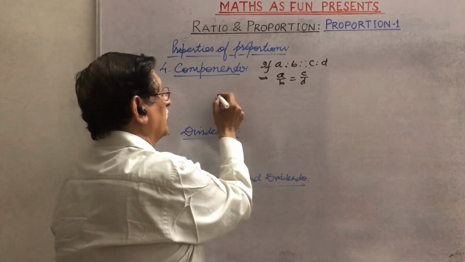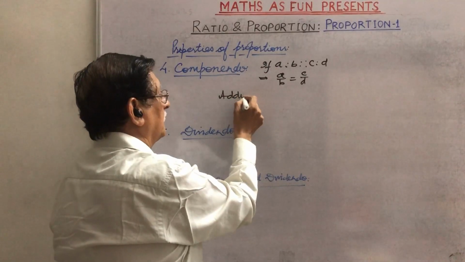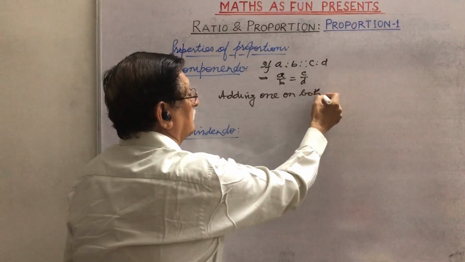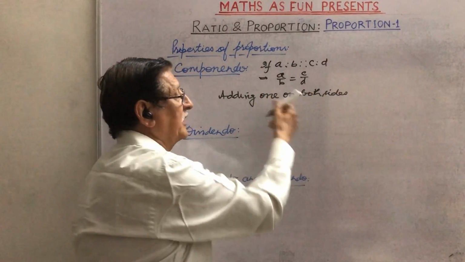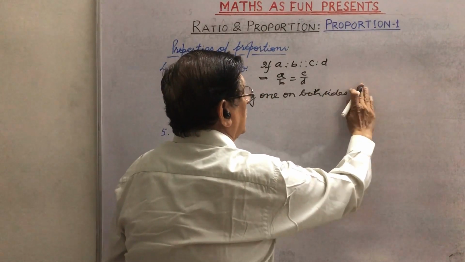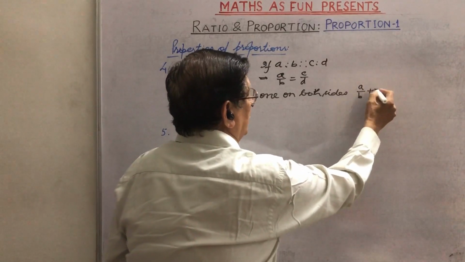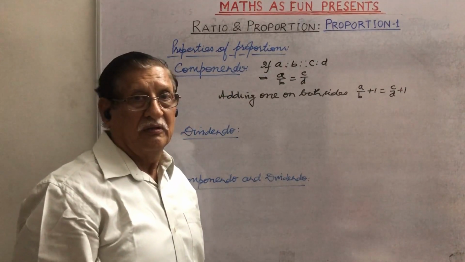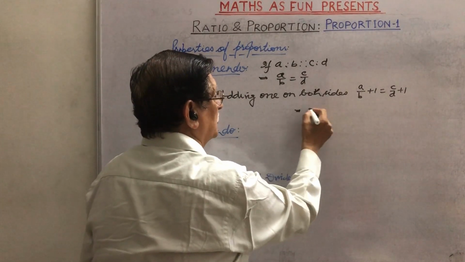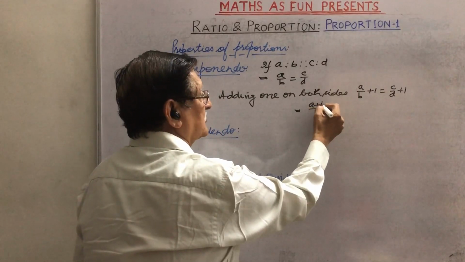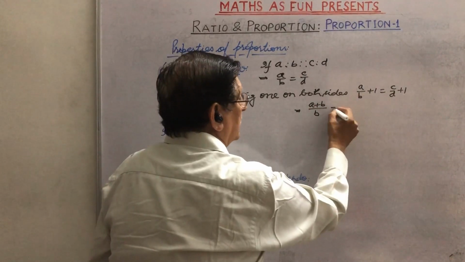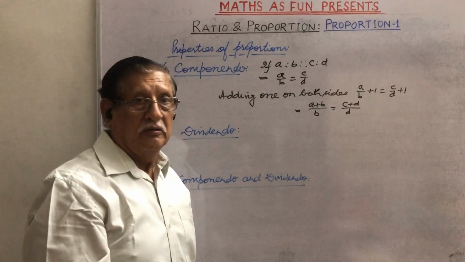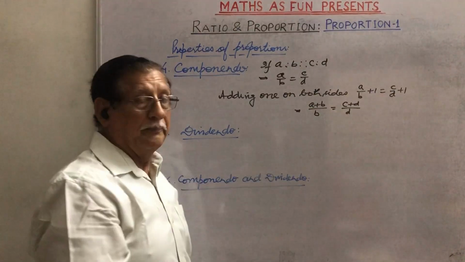If we add 1 on both sides, do we get here A upon B plus 1 is equal to C upon D plus 1? If we simplify, taking B as LCM on this side, this will be A plus B. And on that side, D is the LCM, this will be C plus D. This is only known as the componendo.